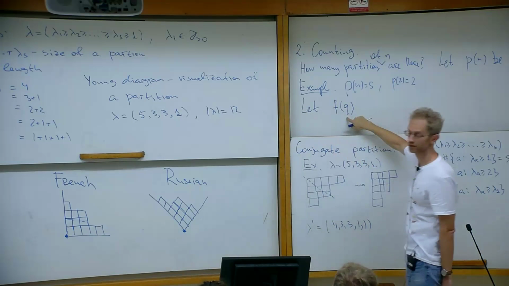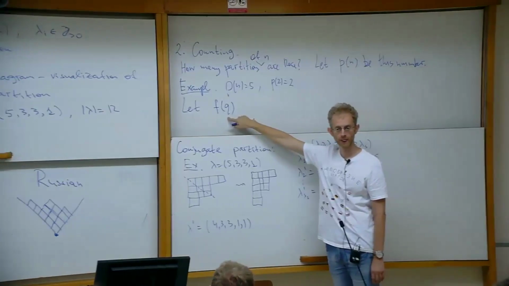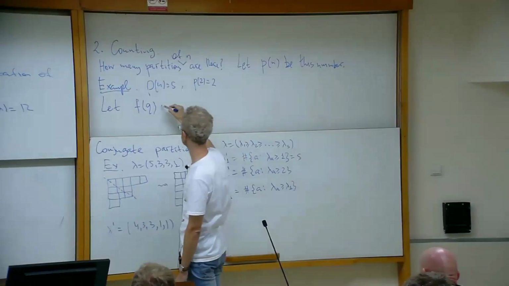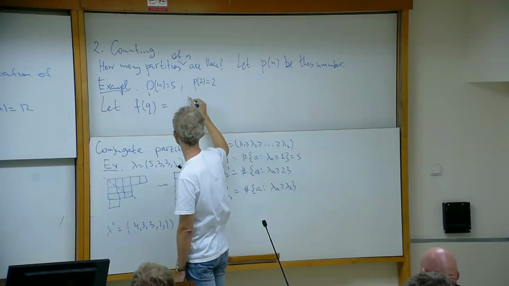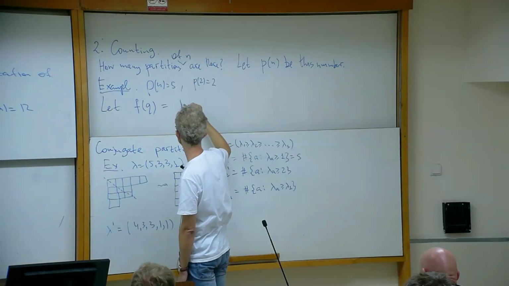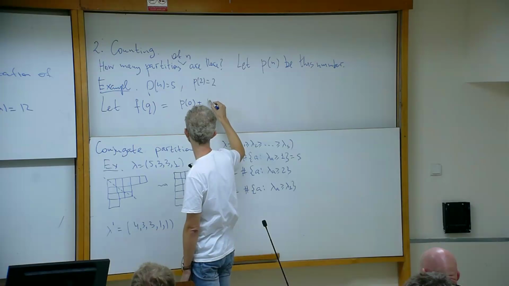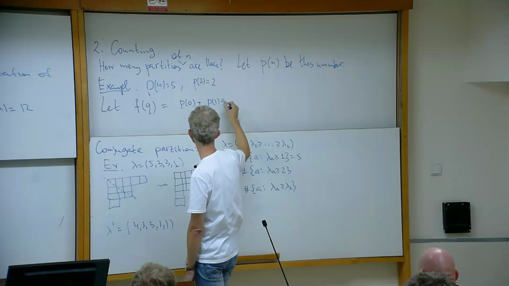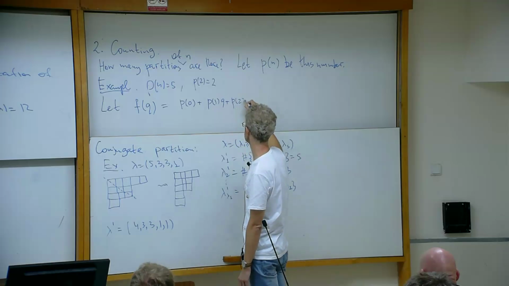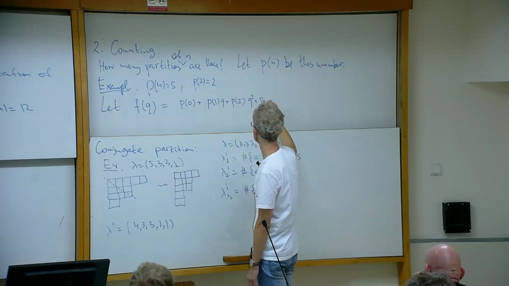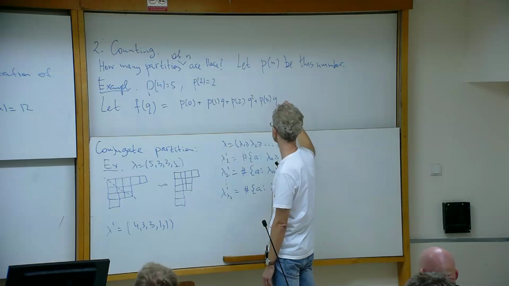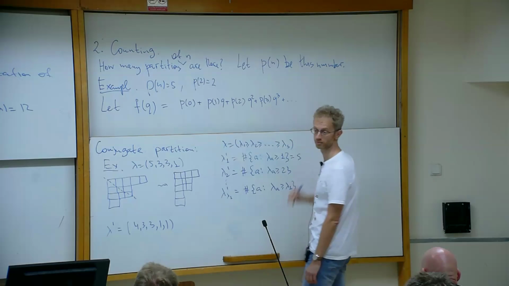I just take an extra variable q, and then f of q is p of 0 plus p of 1 times q plus p of 2 times q squared plus p of 3 times q cubed plus so on.